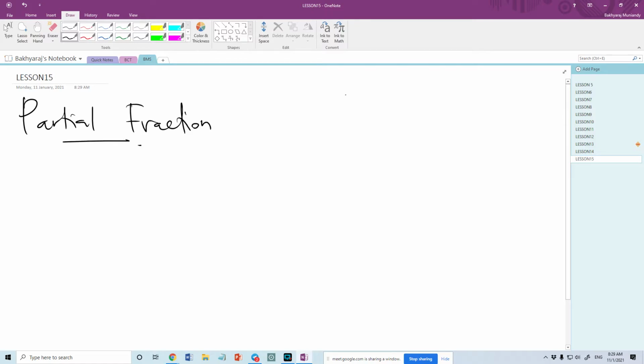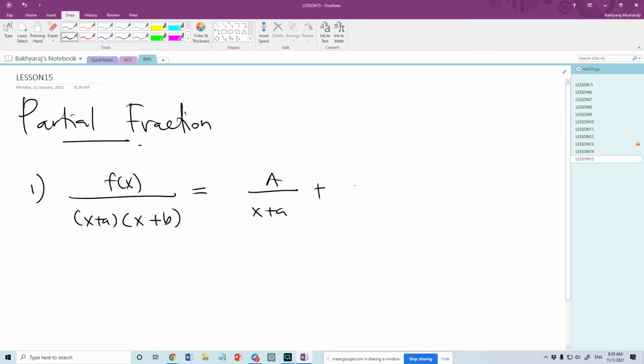Okay, so partial fraction we have three form. Okay, form number one. Okay, we have fx divided by x plus a times x plus b equal a over x plus a plus b over x plus b.